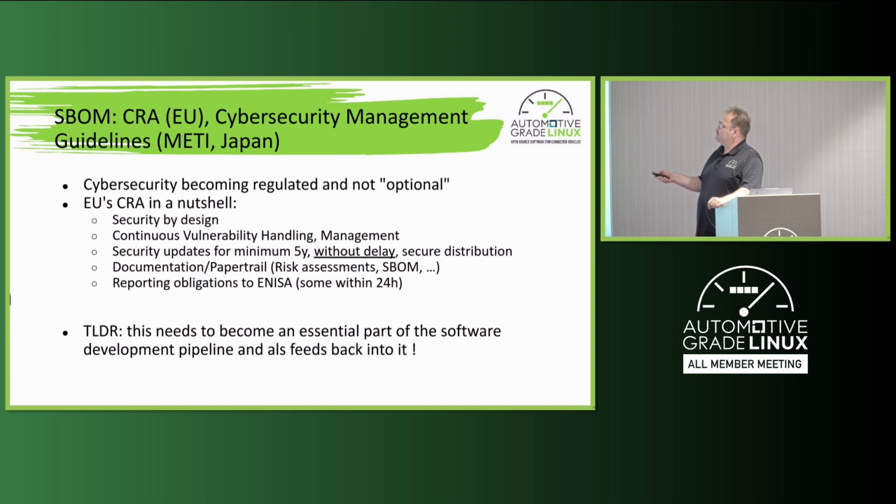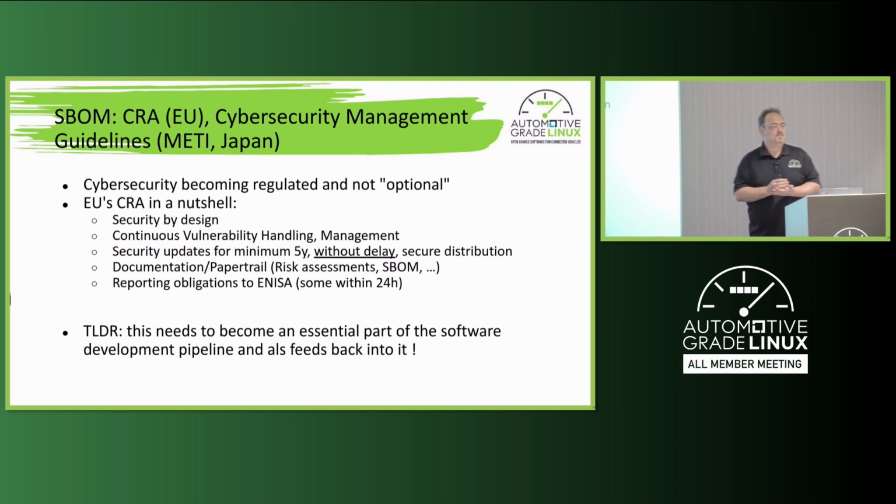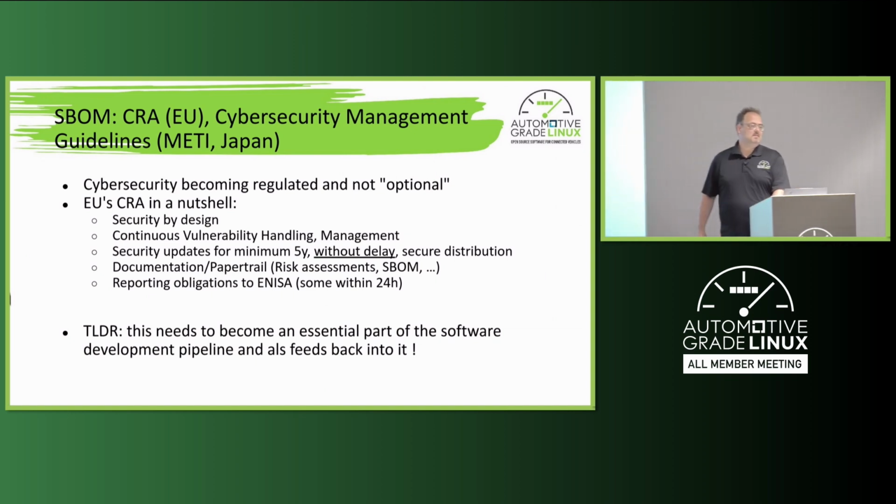But now comes the process. You need to do continuous vulnerability handling. What does that mean? Well, you have to watch out for new vulnerabilities in your software, right? And if a new CVE comes out, you have to say, oh, that applies to X, Y, Z. So you need to be able to trace that and handle it.